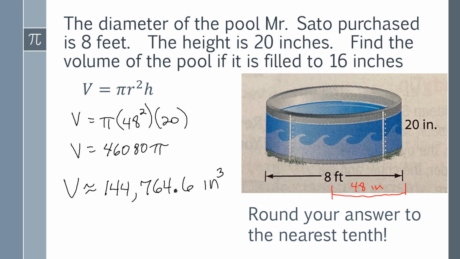Now, if you wanted to convert that into cubic feet, 12 times 12 times 12 is how large a cubic foot is in inches. So you would have to divide that value, 144,764.6, by 1728.